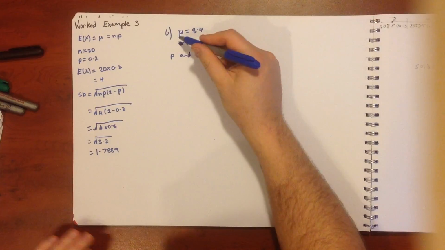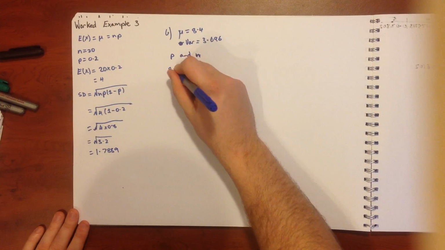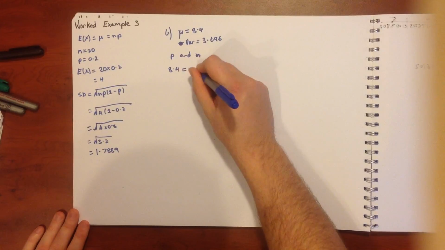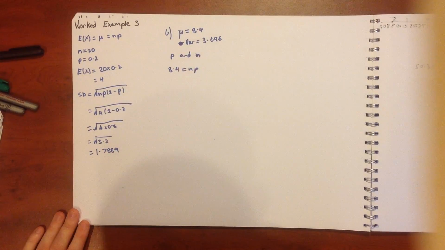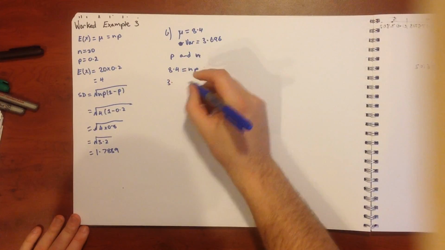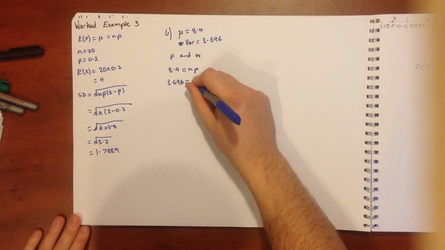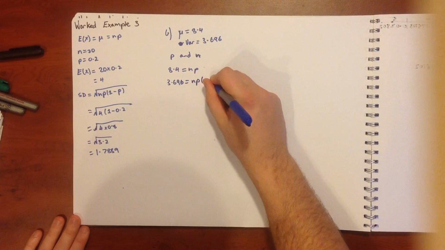Well, we know that mu is equal to np, so we can say 8.4 is equal to np. Our variance is equal to 3.696, and the variance is given by the formula np times 1 minus p.